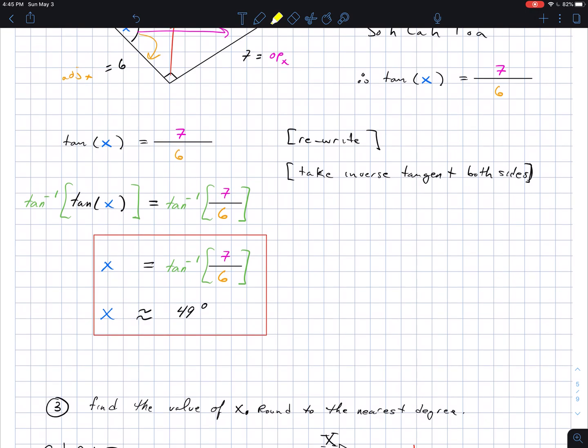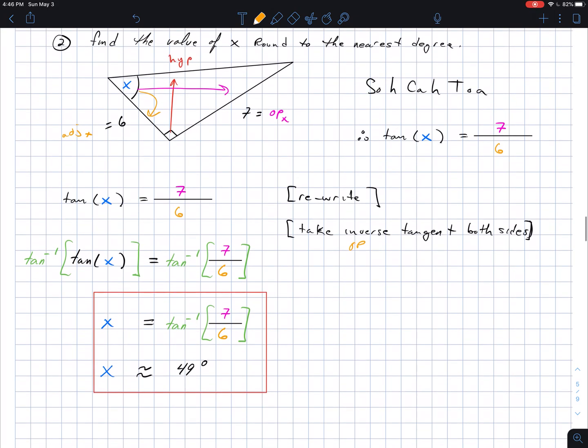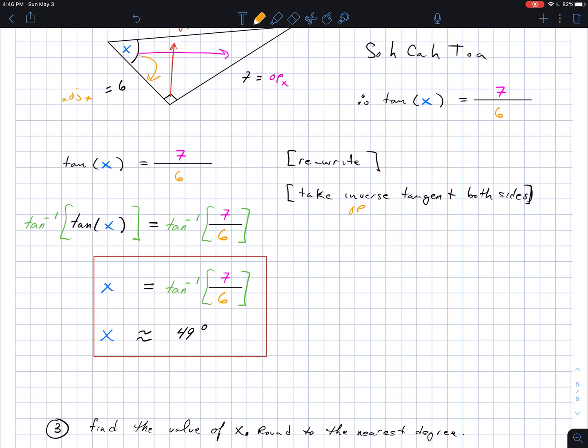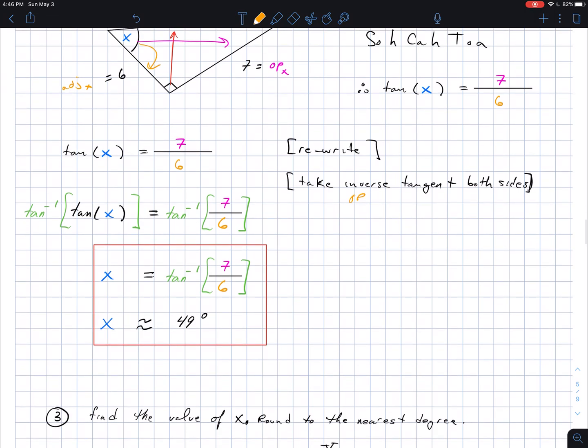And then, after I did the substitution, well, what's the opposite of the tangent? And again, I really should call this opposite. I'll go fix all that in a second. But if I'm taking the tan negative 1, or the opposite of the tan, let's just break it down into very basics.